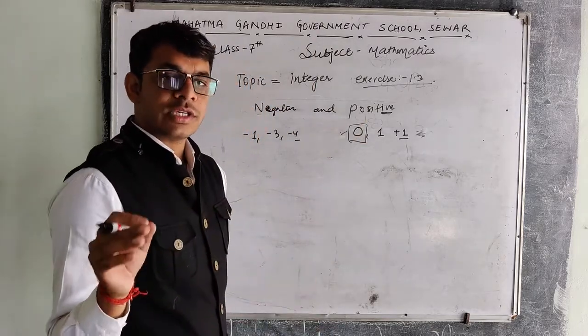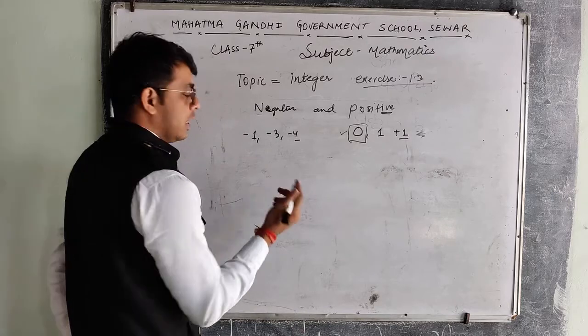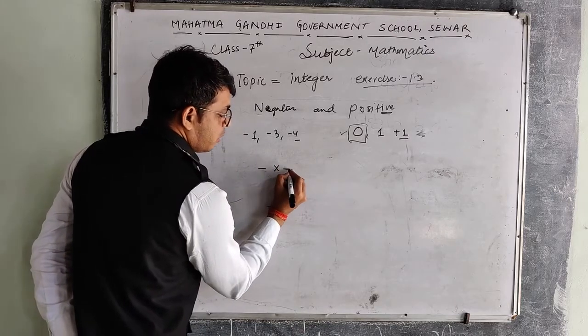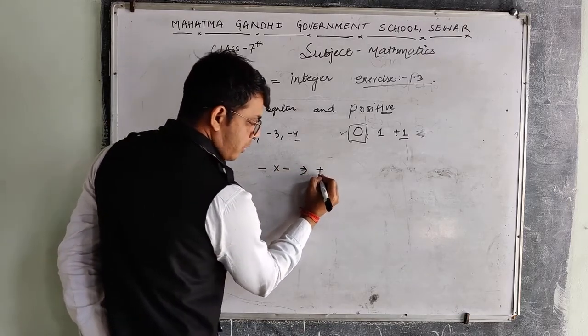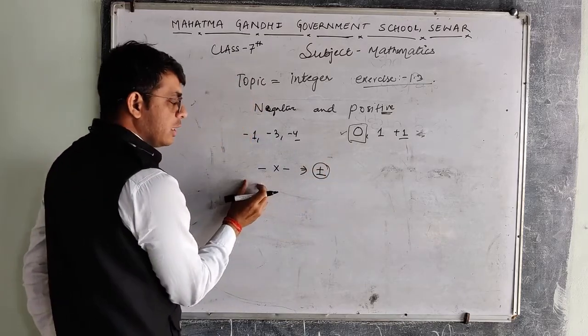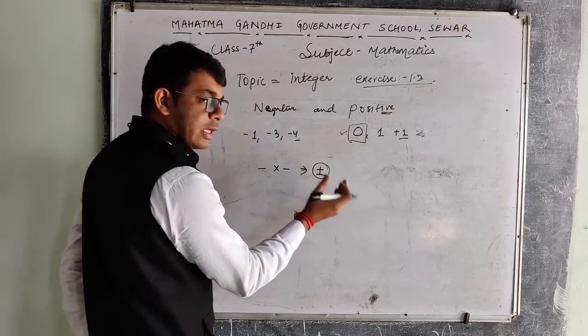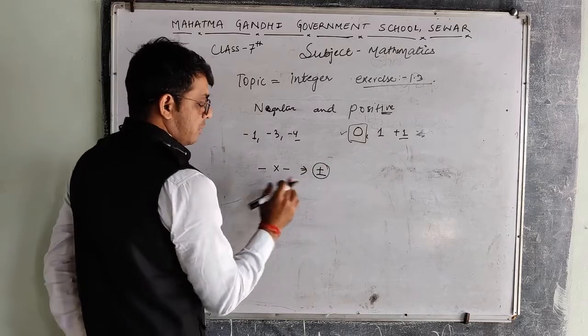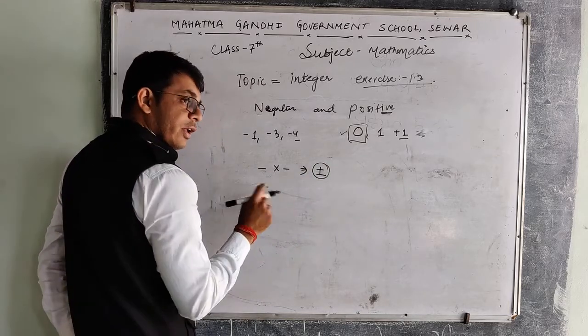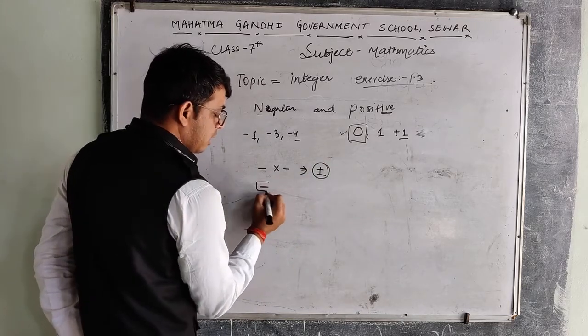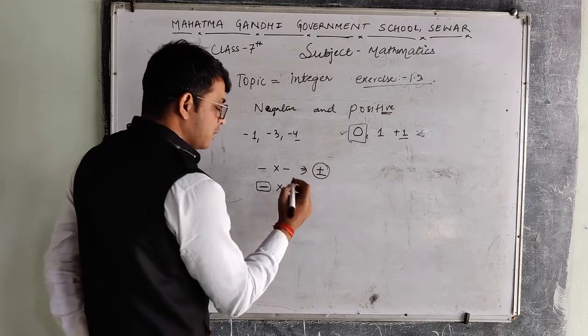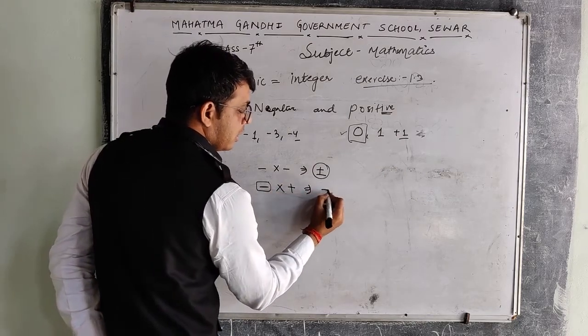There are rules in math. If we multiply minus into minus, the result will be positive. If two integers of negative sign are multiplied, the result will be positive. If one integer has a negative sign and another has a positive sign, then the result will be negative.